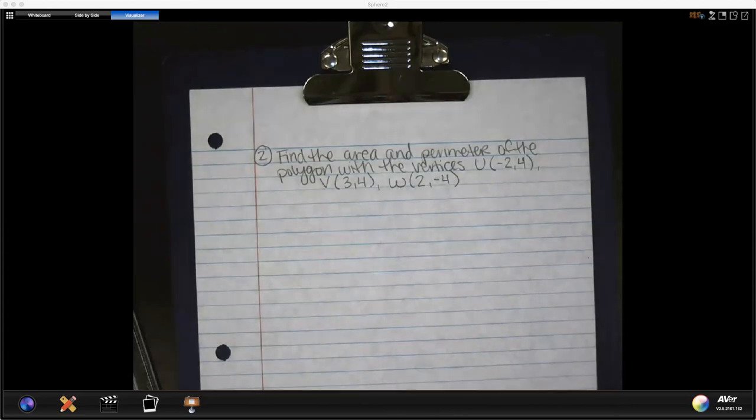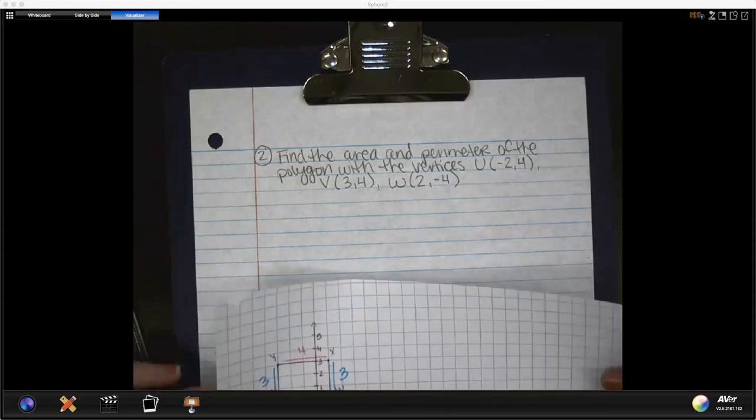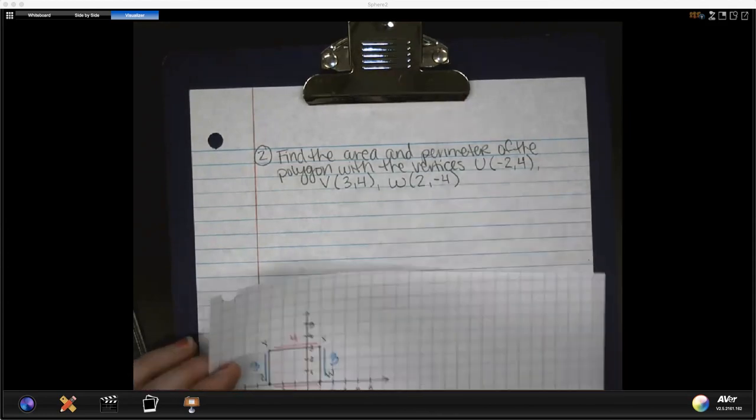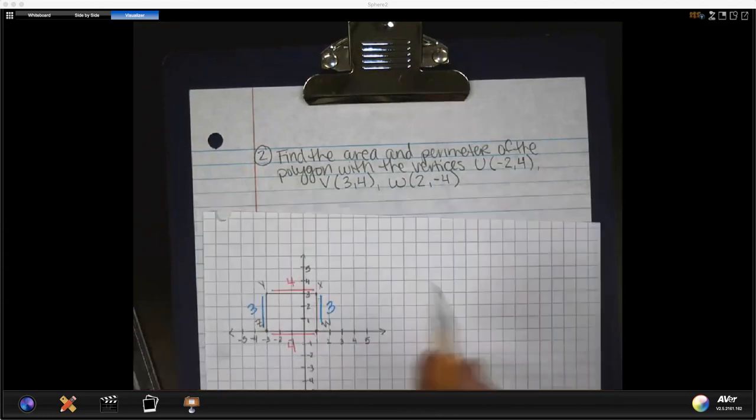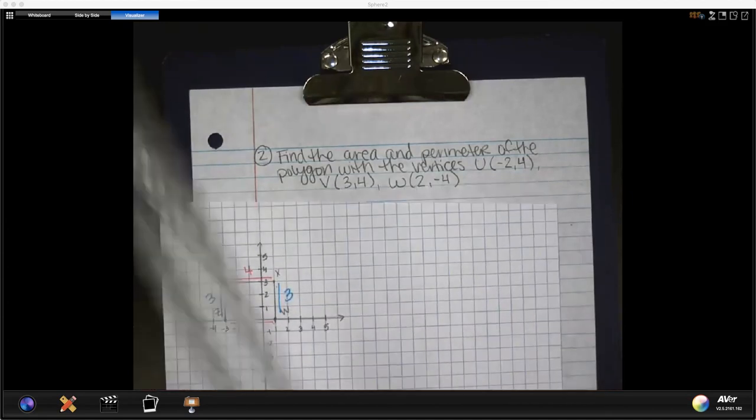So based on our numbers, which are just going from 4 to -4, and -2 to 2, and -2 to 3, another 5 by 5 grid will be just perfect for the second one.